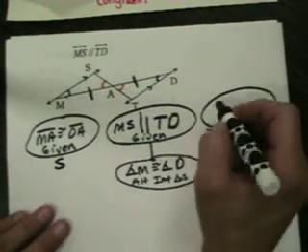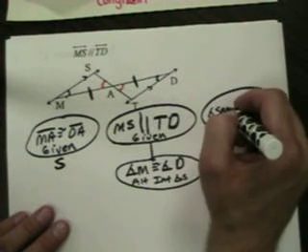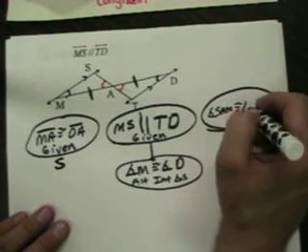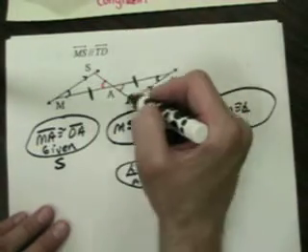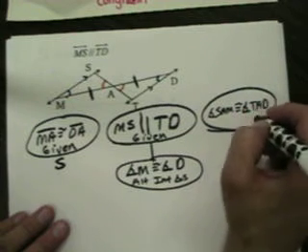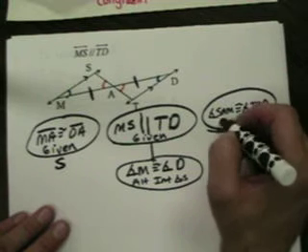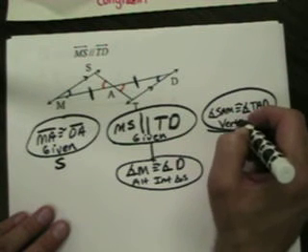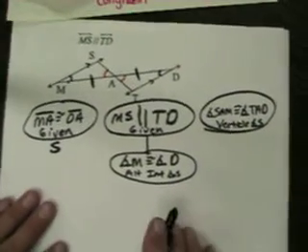I also said that angle SAM is congruent to angle TAD. And I know that those are congruent because they are vertical angles, and vertical angles are congruent.